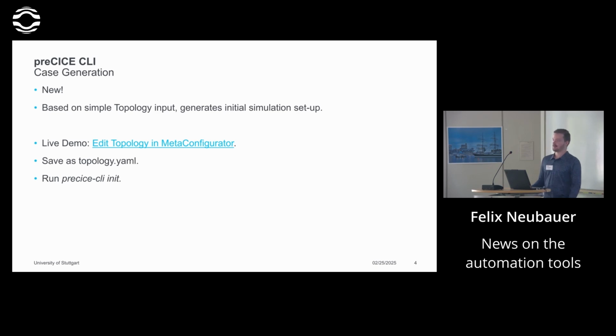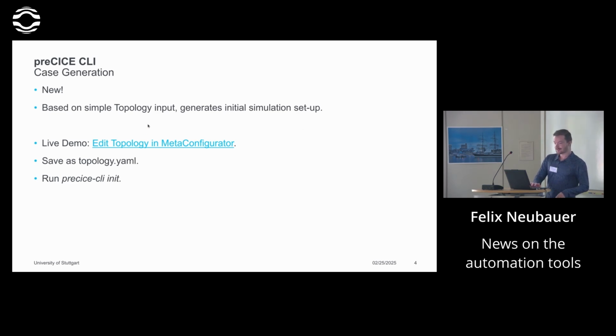Especially the preCICE config is quite complex, so for someone who is new to it, it can be a bit difficult to work with. You probably already have your setups, but especially when you start a new project, it can make your life a lot easier.